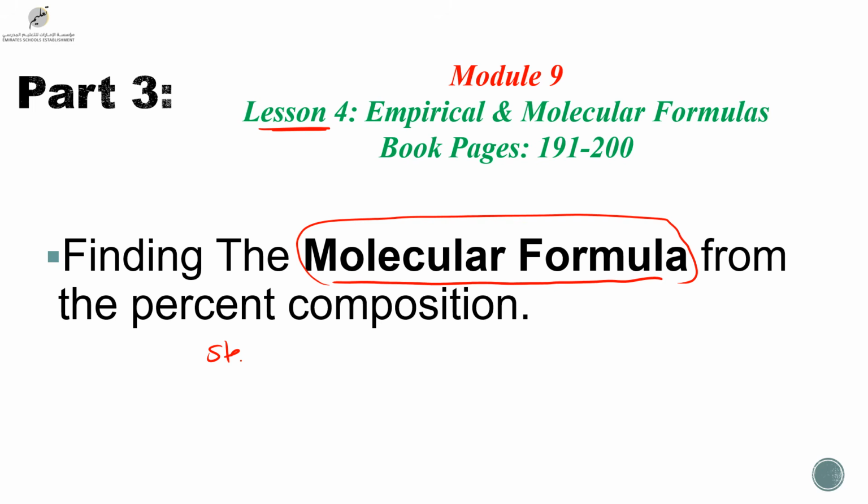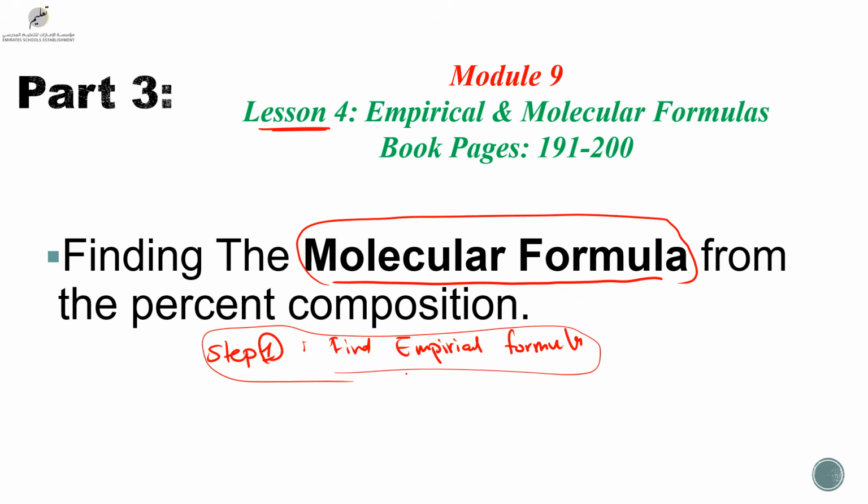Now step 1 actually is find the empirical formula. The hardest or longest part is finding the empirical formula, okay? Which we already know from the previous video. So that should be easy for you to understand, okay?